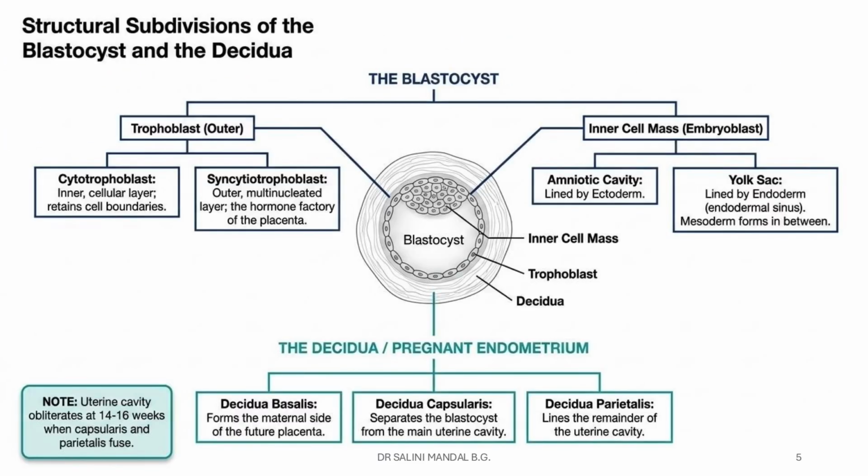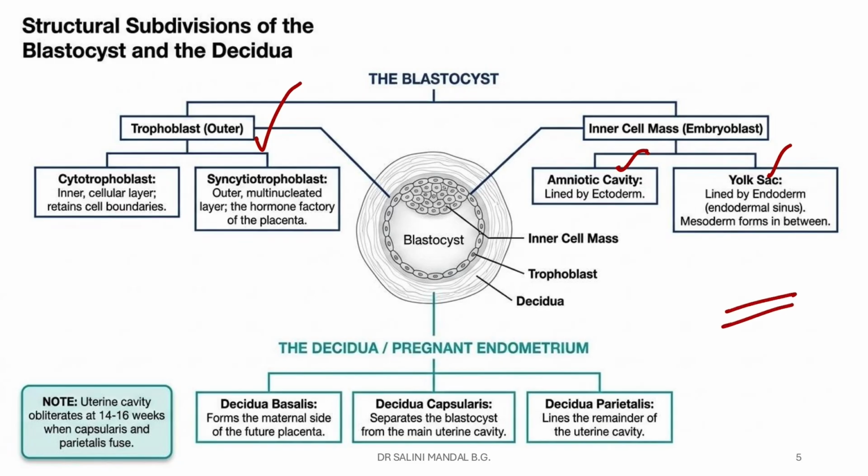Okay, next one is about the blastocyst. I have already mentioned that the blastocyst is differentiated into two structures, right? One is the outer, that is the trophoblast, which is again divided into a cytotrophoblast and syncytiotrophoblast. And apart from that, we have an inner cell mass which is known as the embryoblast. This is the part which divides into a yolk sac and an amniotic cavity. See, the yolk sac and amniotic cavity both are lined by, we know the trilaminar germ disc, if you remember, right?